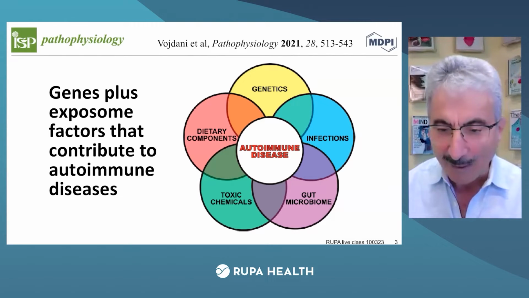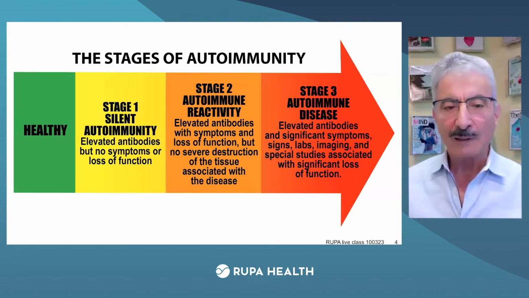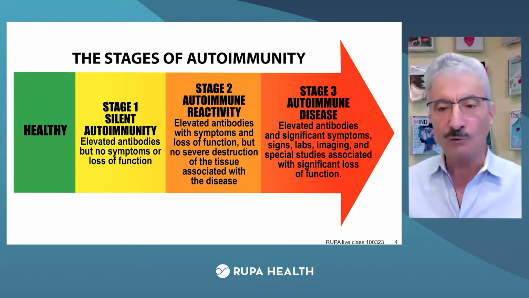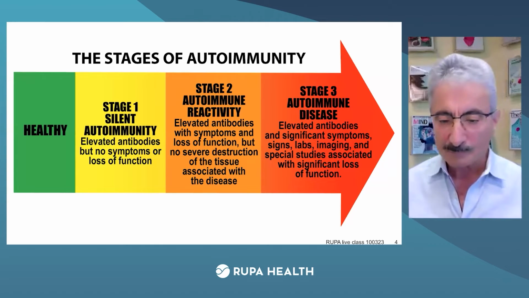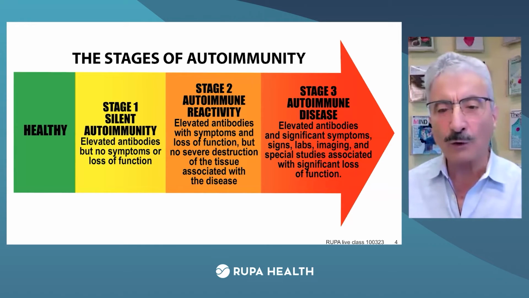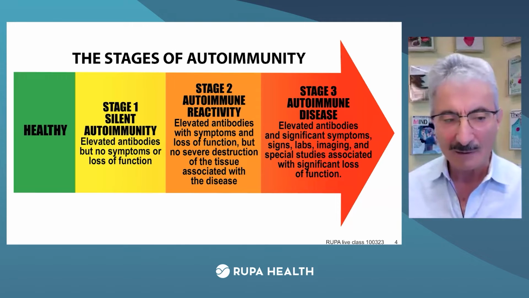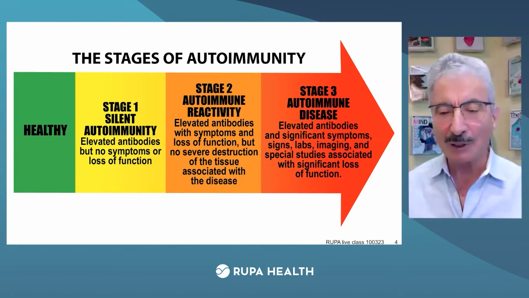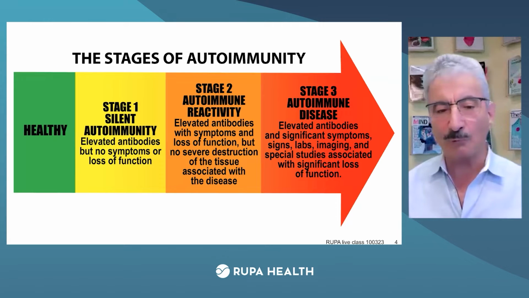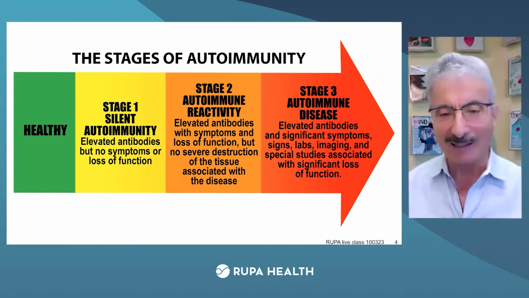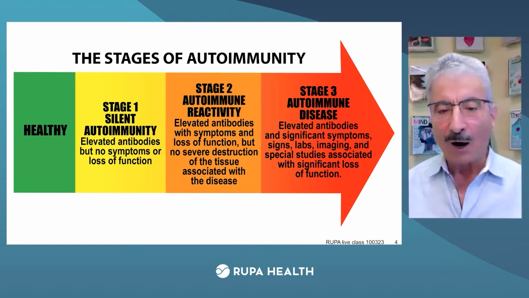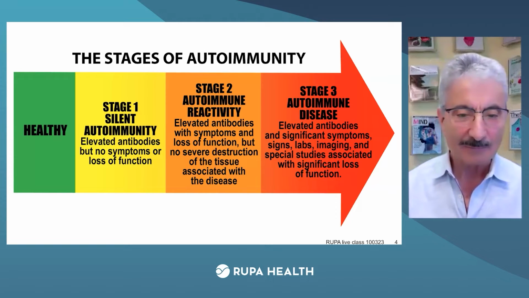But the issue about all these disorders, for example, autoimmunity and neurodegenerative disorders, is that they are not diseases where we go to bed and wake up in the morning with the disease. So here you see, in relation to autoimmunity, we have different stages. The green one is the healthy, then silent autoimmunity, autoimmune reactivity, and finally, autoimmune disease.